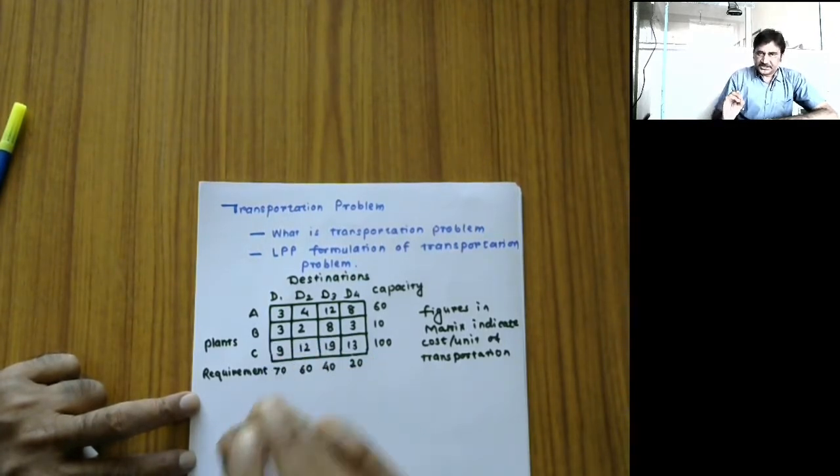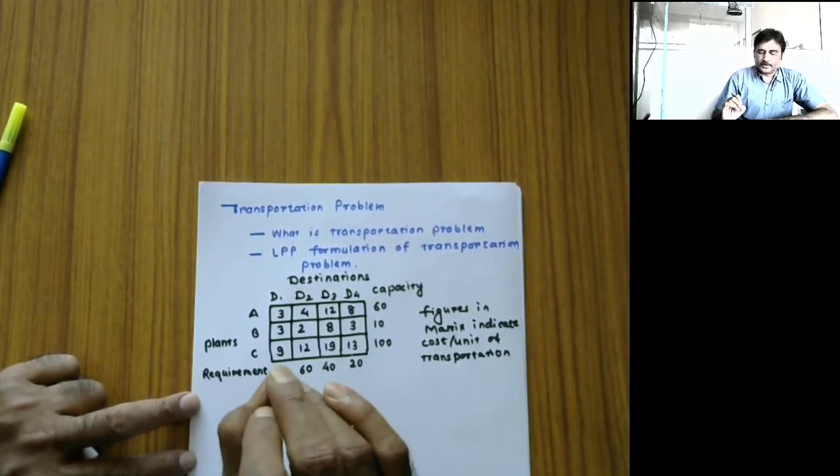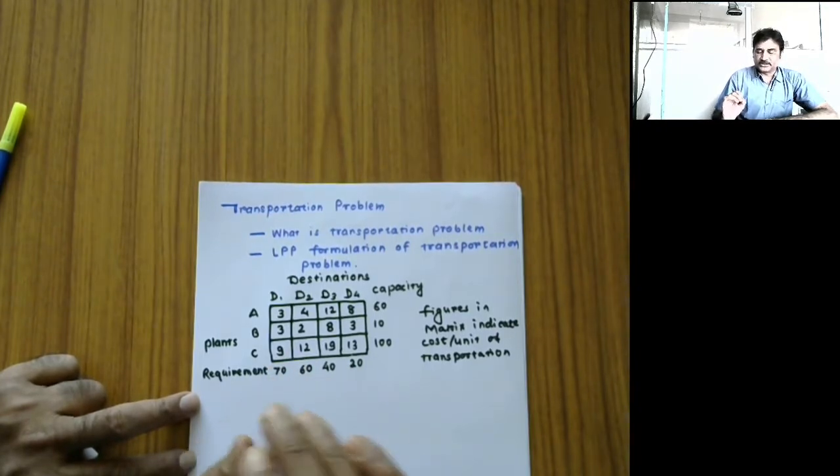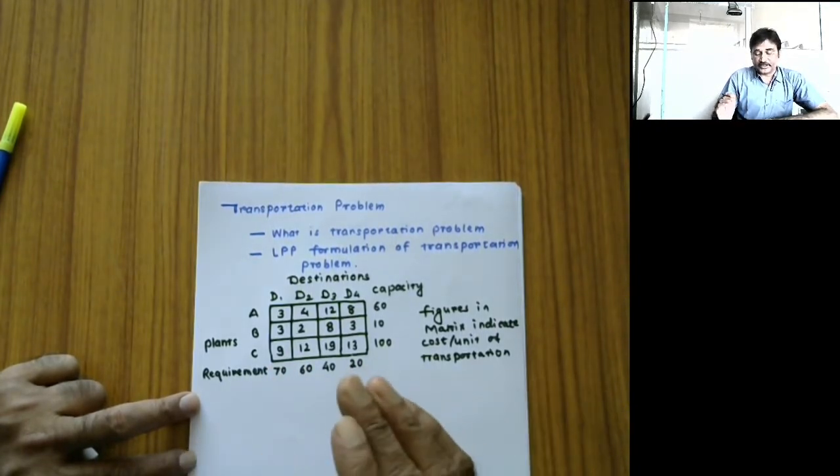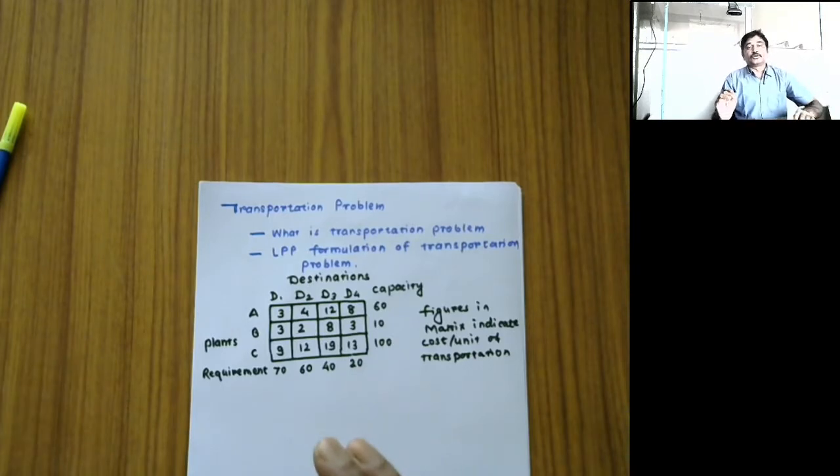Simply deciding the quantity to be transported from various plants to various destinations will give you different total cost of transportation. Your objective is to find out that schedule of transportation which will minimize the total cost of transportation.